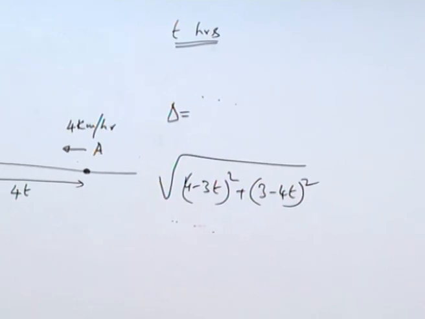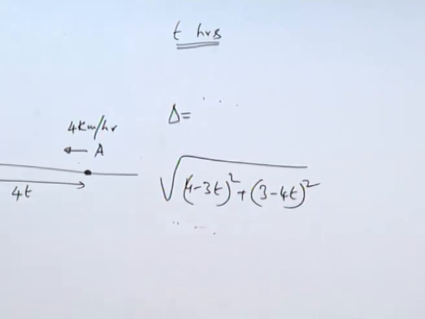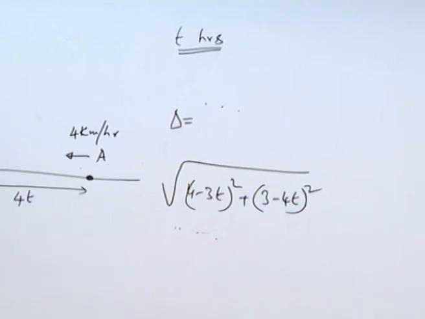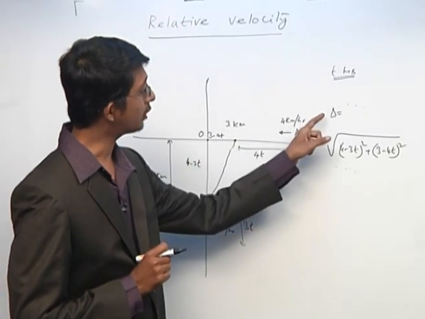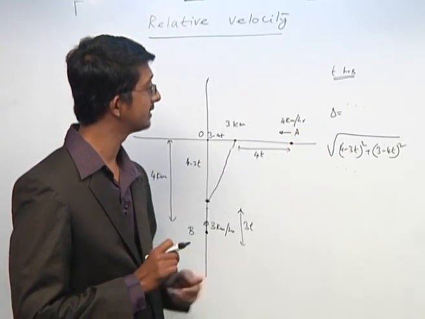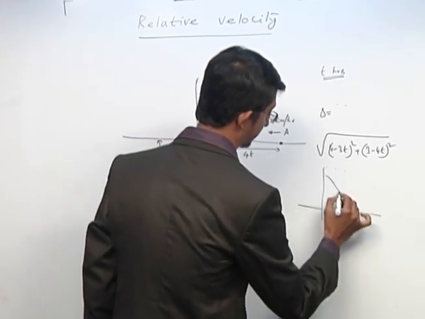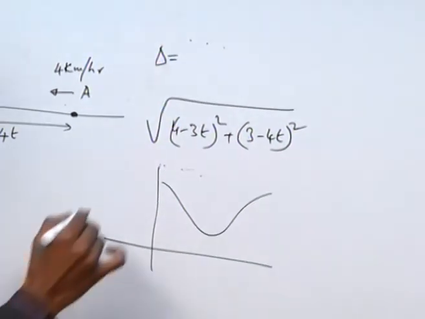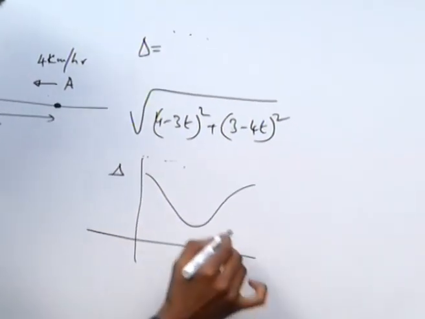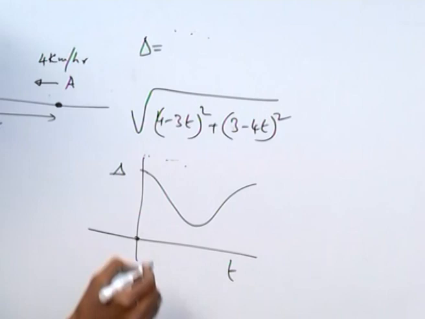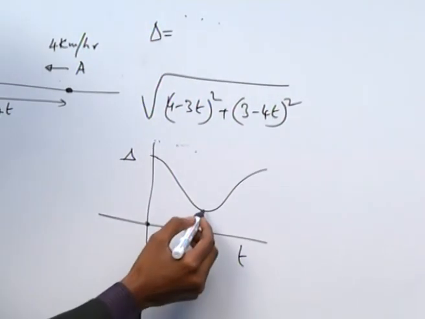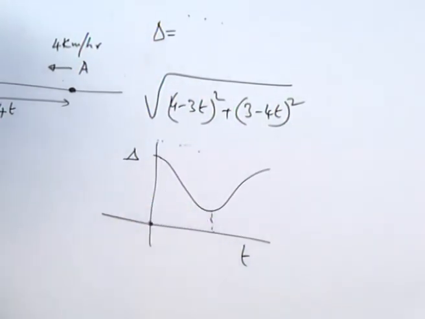This separation has to be minimum, and here we will use calculus. If you draw a graph between this delta and t, the graph might look something like that. This is the graph between delta and t. You see, at a certain time, delta has a minimum value.